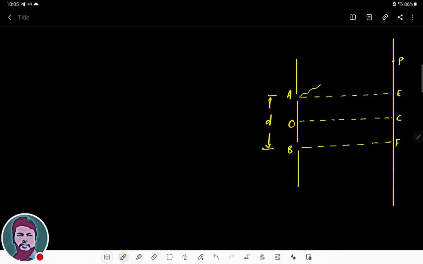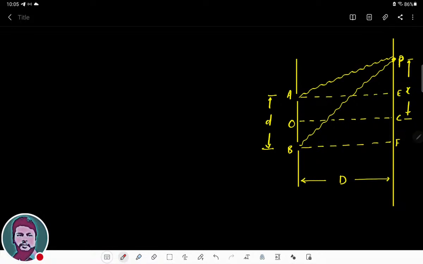Both light waves are incident on this point. This is the point P. Now let us consider the distance of this point from the center, that is x. And the distance between the slits and the screen is capital D. What is our topic name?